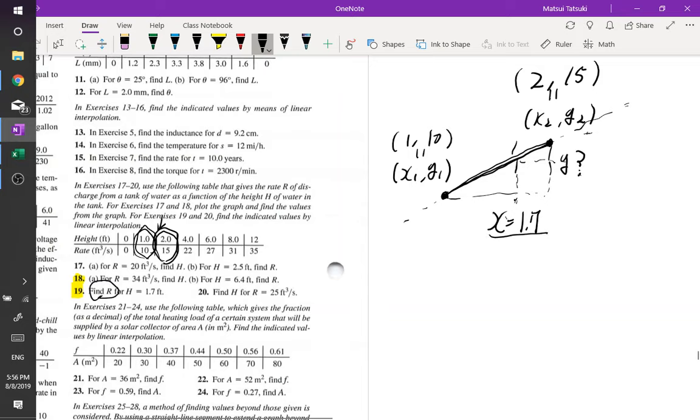So we need to first express the linear function connecting these 2 points. And how do you do that?